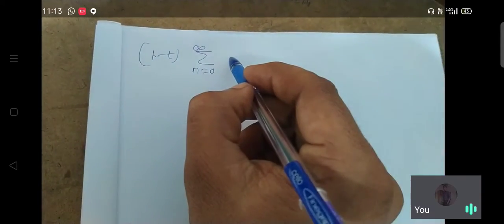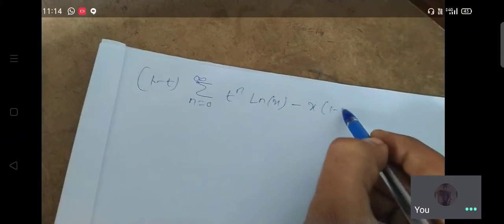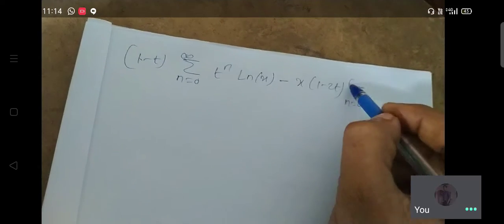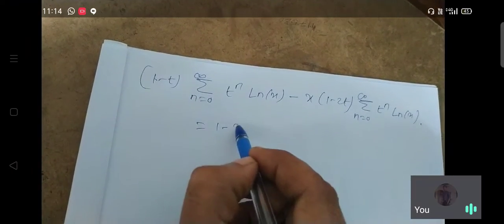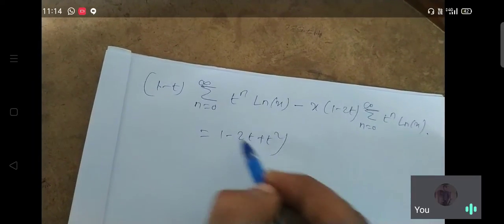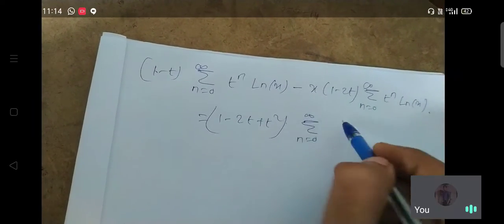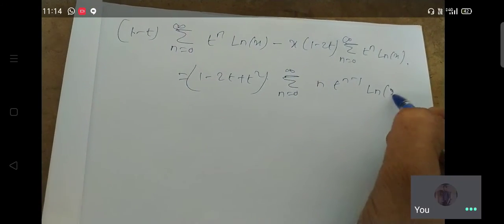Then you will get this expression, which is equal to 1 minus 2t plus t square, then summation n equal to 0 to infinity n into t power of n minus 1 L_n(x).